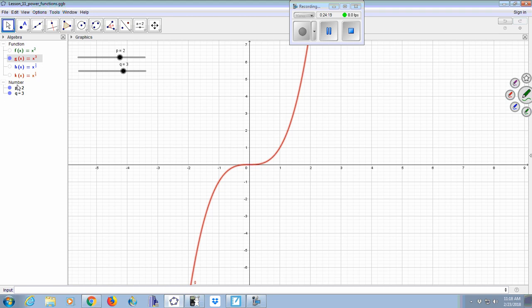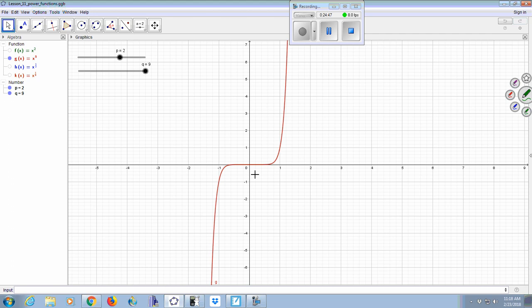When you get to calculus, you'll learn a special name for that point where your concavity changes. Some of you may already know it. As long as you know the shape of your basic x cubed, you know the basic shape of x to the 5th, x to the 7th, x to the 9th. Let's look with this slider. There's the 5th, the 7th, and the ninth.